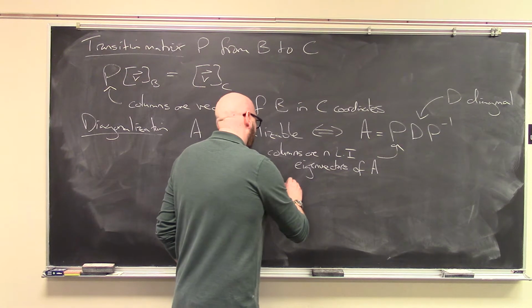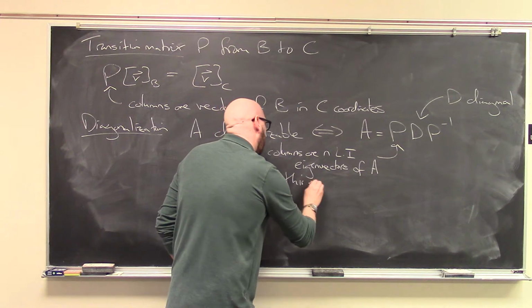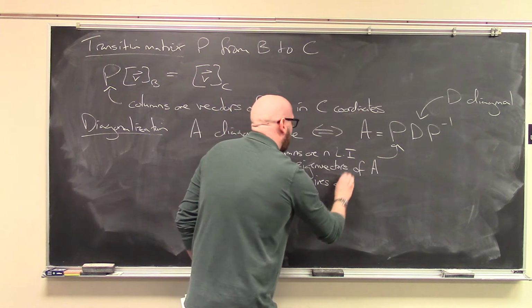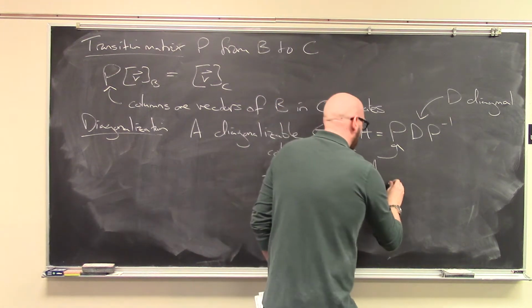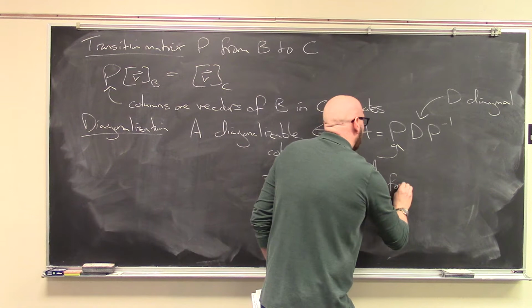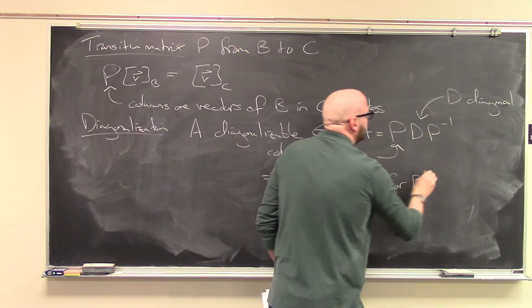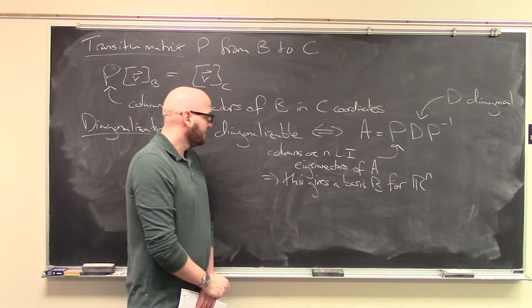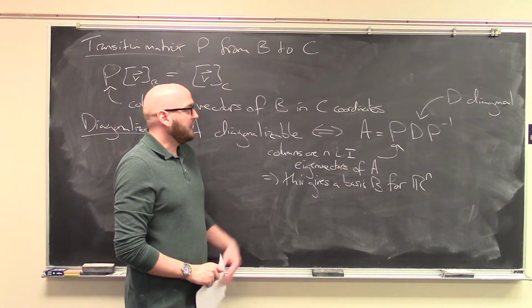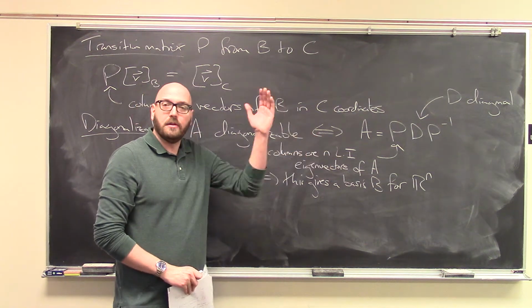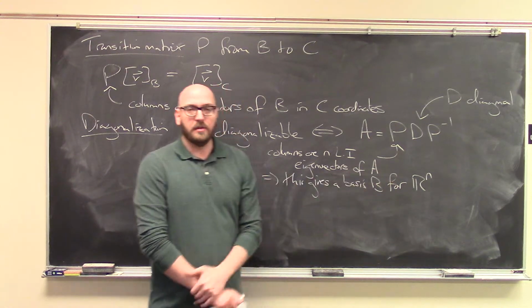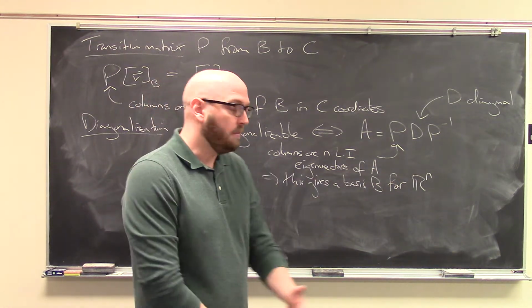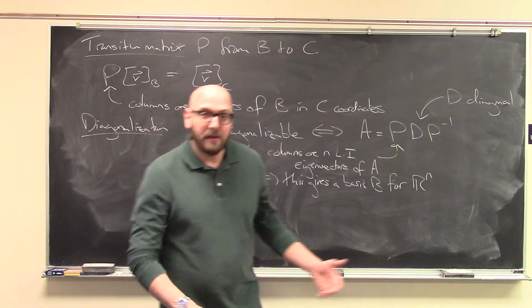So this gives a basis B. Just by taking the columns of P, if I take all of the columns, I now get an ordered basis B for Rn, because they must be linearly independent, and I have n of them. And the dimension of Rn is n.